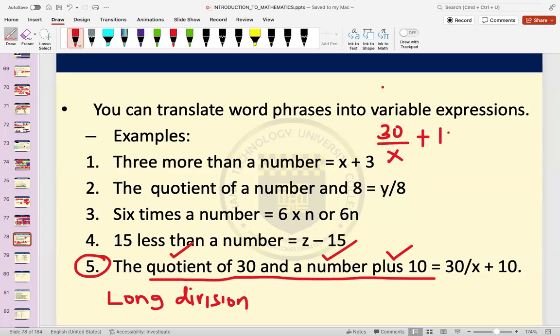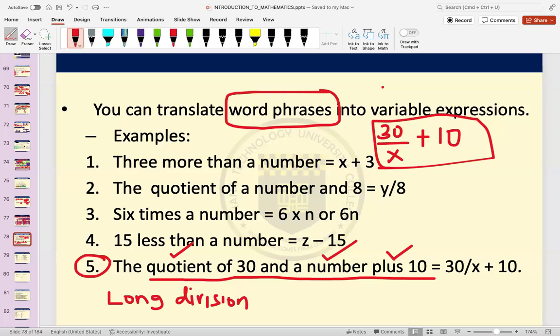Then you add your plus 10. And this is representing this long sentence you are seeing here. So there are story problems in which we'll be coming across word phrases where we need to change the word phrases to algebraic expressions. And I'm sure as we proceed till we close today, we may come across some of them.